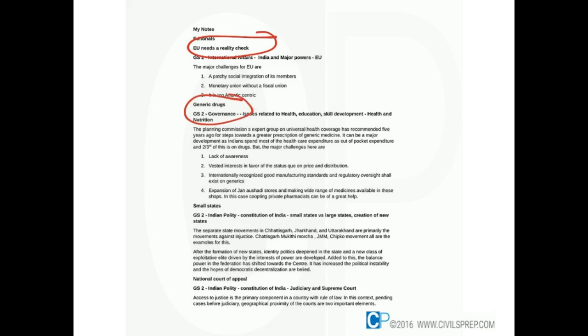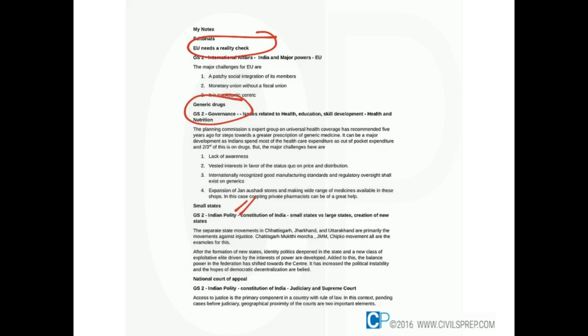And coming to governance issues, with regard to generic drugs, the major problems in their use are lack of awareness, lack of proper orientation to the doctors, vested interests, and lack of proper regulation. With regard to small states, whenever there are small states, federal relations shift in favor of the center.